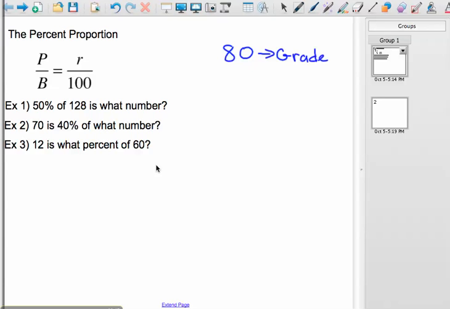That means that you have 80 out of 100. So you have successfully completed about 80% of what you needed to. That's really what an 80 means. Now this 80 represents a percentage. This is a percent, and it is out of the number 100. That's all a percent is.